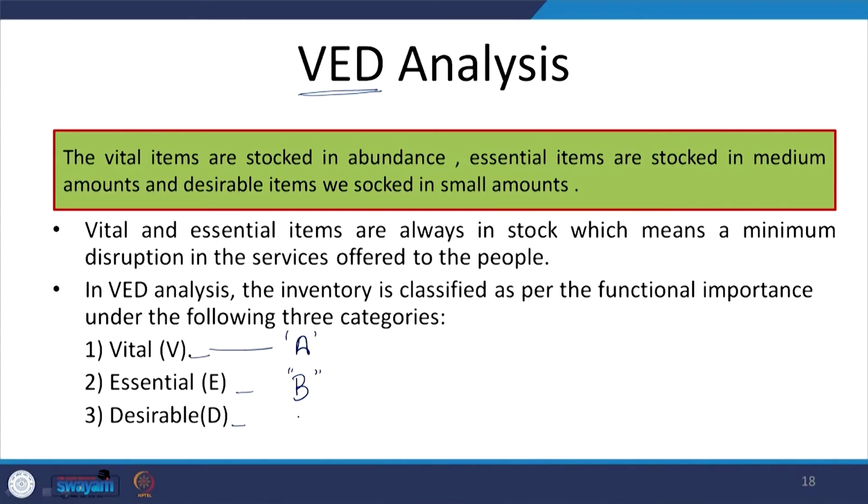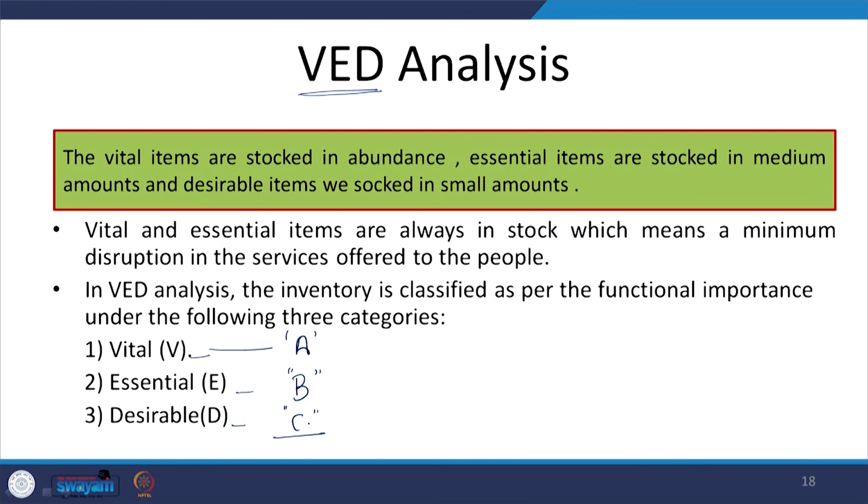And then the last is desirable. Desirable are those items that, if you maintain inventory of them, are going to help you, but you can reduce your efforts for maintaining the inventory of these items as compared to V and E. So, you can compare these items to some extent with your C type of items.